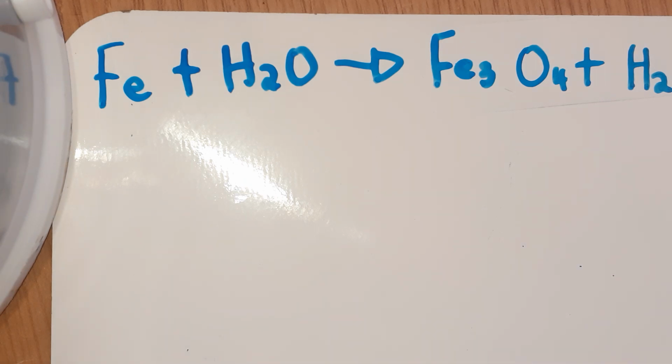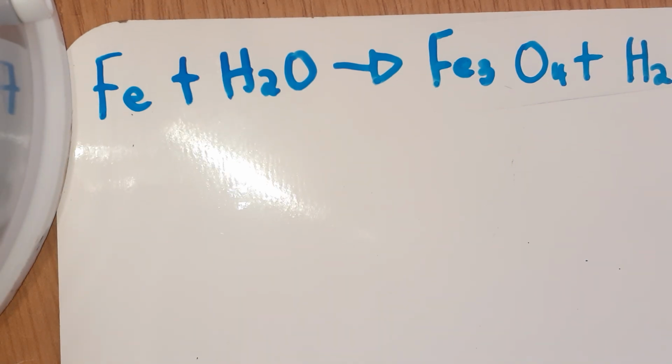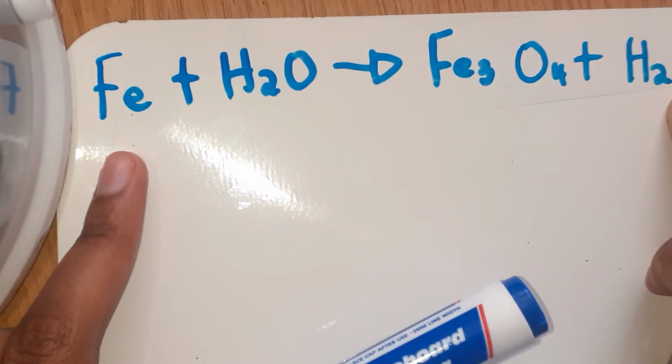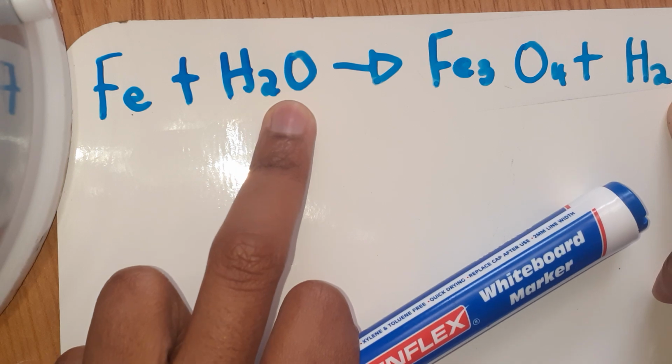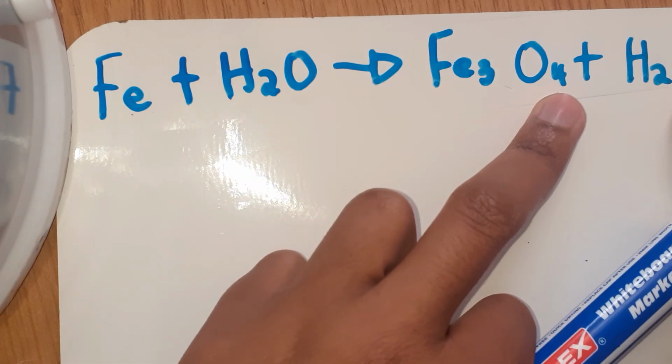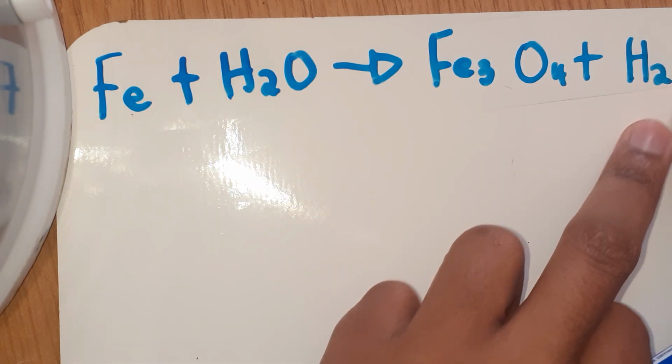All right, this is another chemical formula that we are going to balance, right? And you must remember that for step 1, it's Fe plus H2O gives Fe3O4 plus H2.